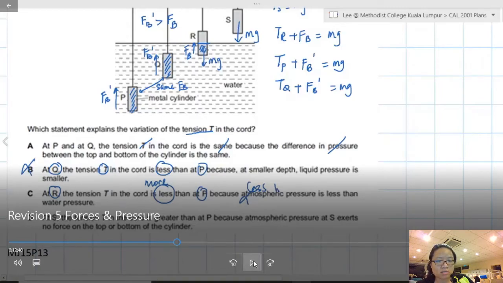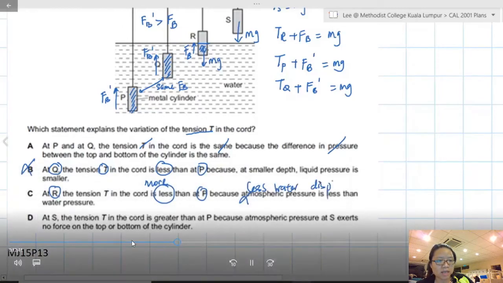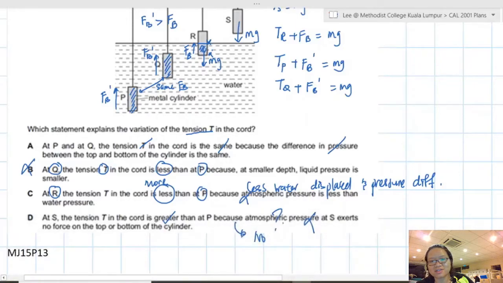Okay, now the last one, at S, tension T is greater than P. Tension T is greater than P, but it's not because of atmospheric pressure. It's because of the absence of buoyant force. There's no buoyant force. That's why the tension has to do all the work to support the weight.